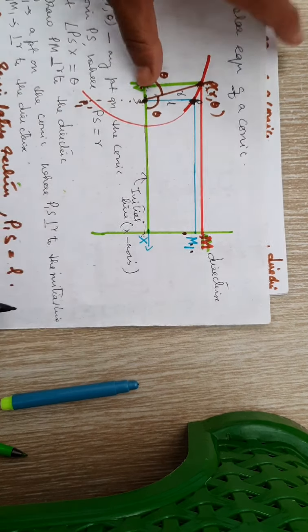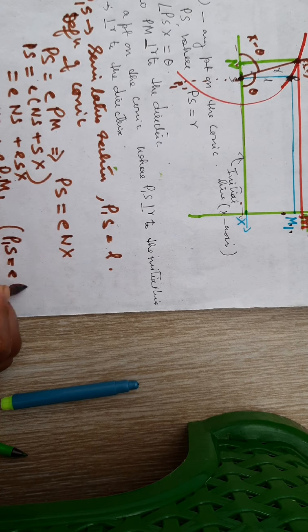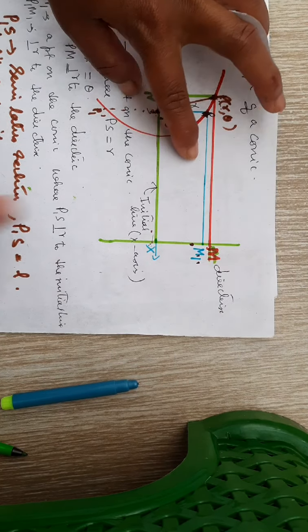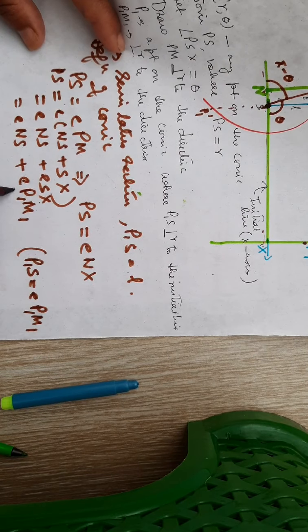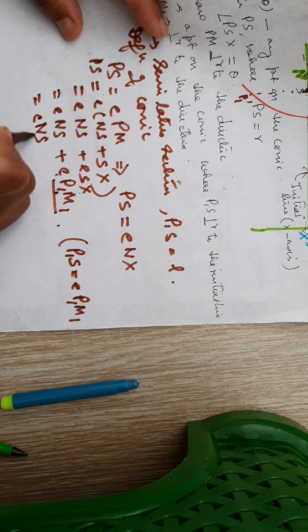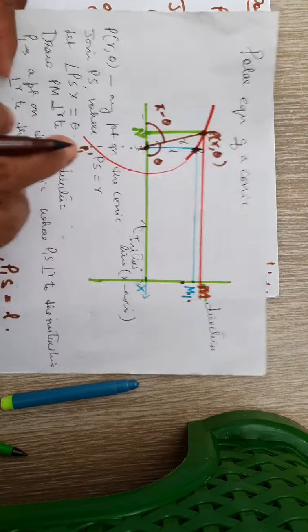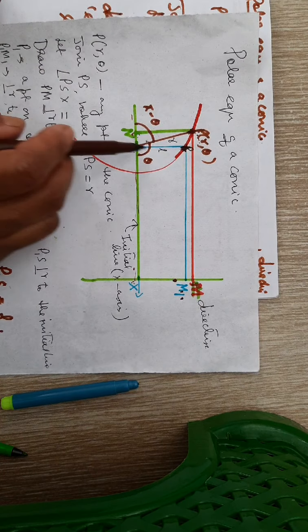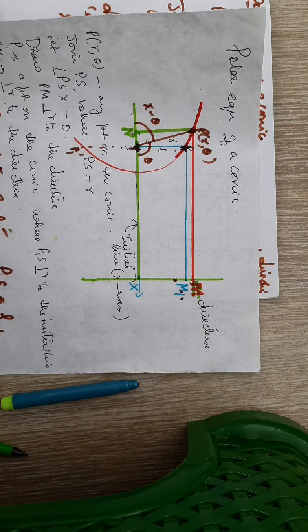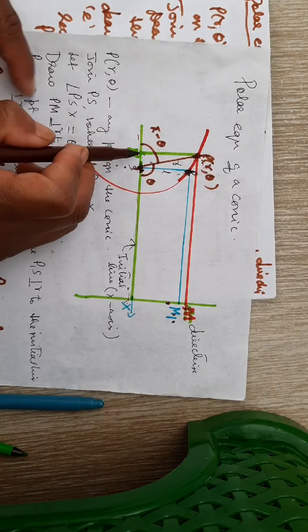So by the definition of the conic, P1S is equal to e times P1M1. So this e times P1M1 has to be replaced by P1S. But what is P1S? I have taken P1S to be the semi-latus rectum. So if I take the length from here to here to be L, then P1S is equal to L. So this is e times NS plus L. Now let us find NS.